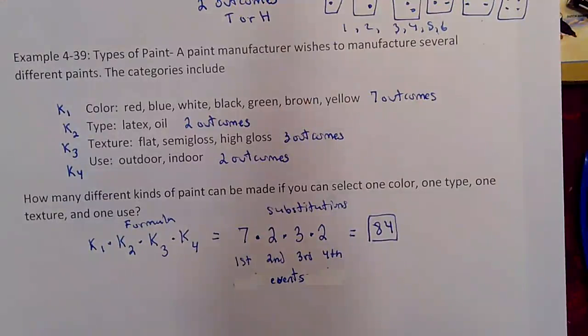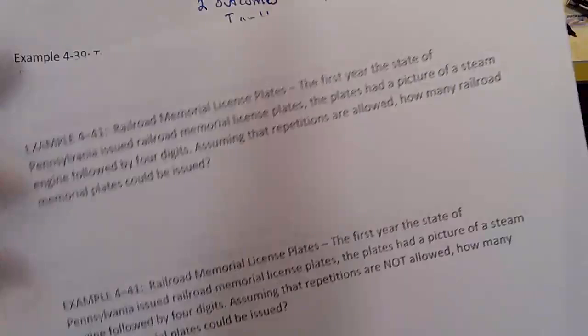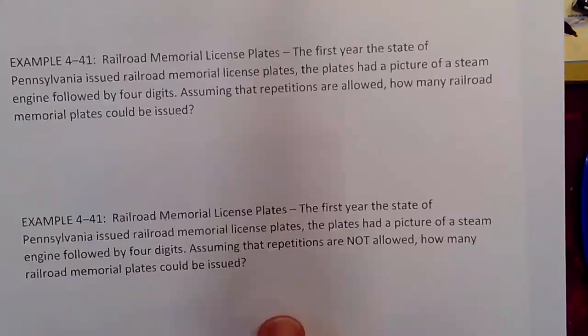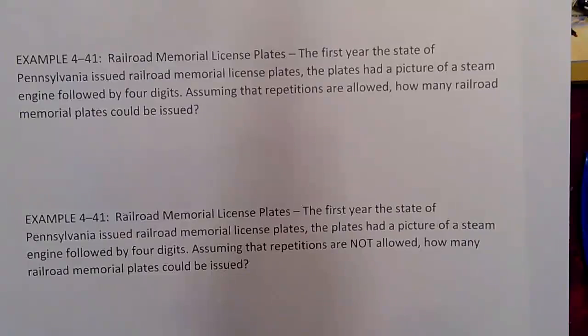Okay, next page. So railroad memorial license plates. So the first year the state of Pennsylvania issued railroad memorial license plates, the plates had a picture of a steam engine and it was followed by 4 digits. Assuming that repetitions are allowed, so that's important.